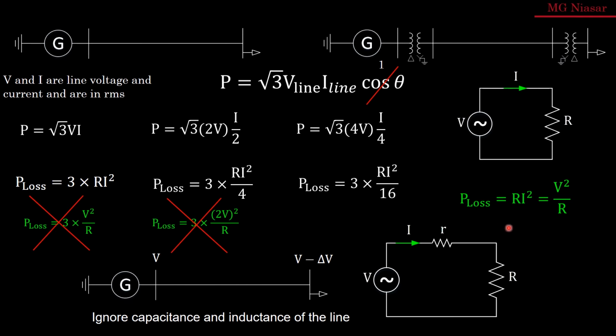If we want to use this formula, V squared divided by R, we actually have to use this delta V. In that case, it will work fine. But anyway, it's not important. One thing that is important is there is a voltage drop across the line. And this is actually another issue that we will see in the next slide.